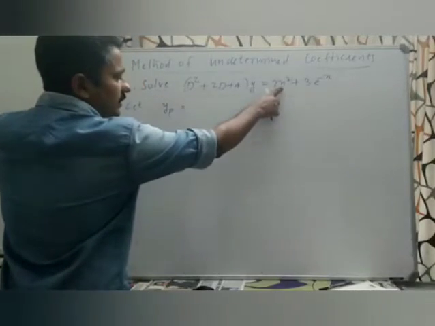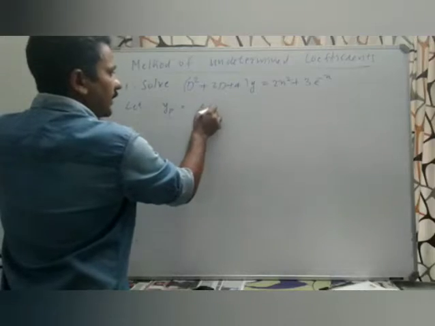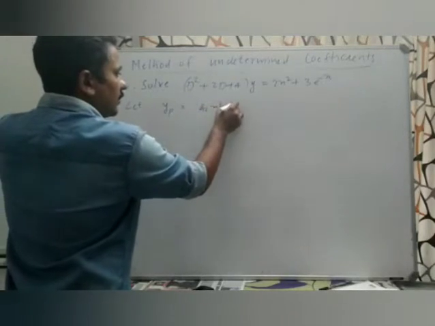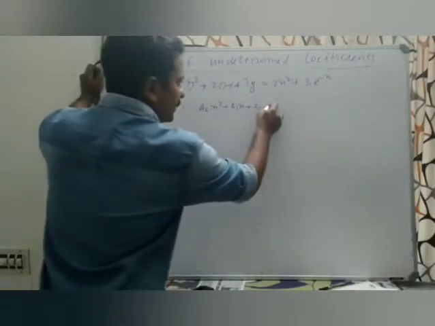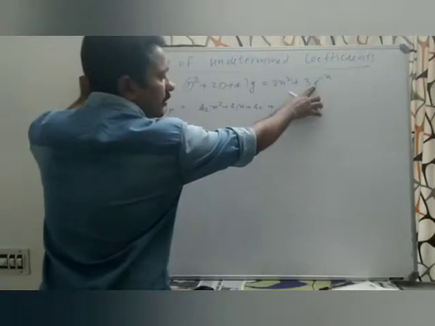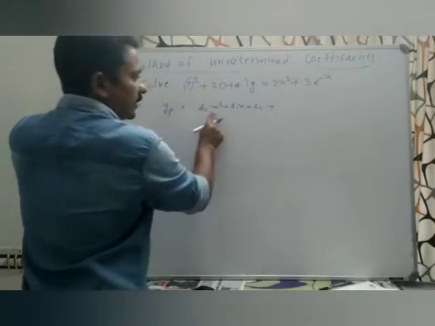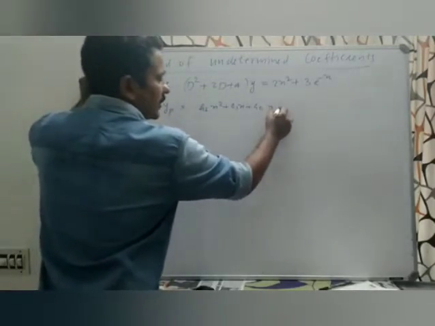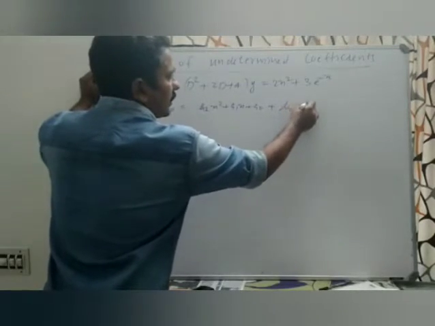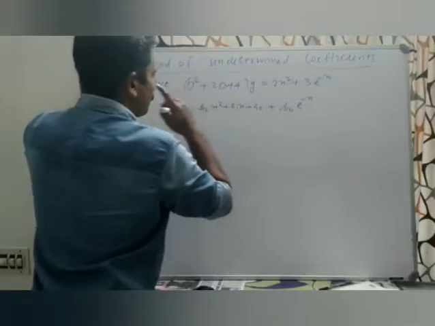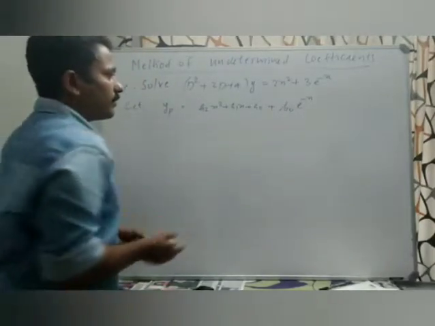Therefore, its corresponding particular integral is of this form, a2x squared plus a1x plus a0, plus the particular integral of this one, let that be some constant other than these three. Okay, so let's denote that as some b naught e to the power minus x.